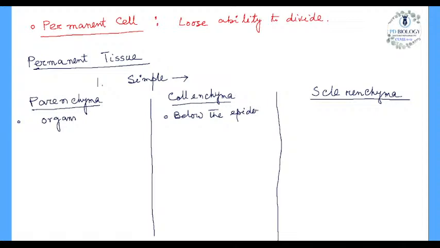Very important. Remember this one. Below the epidermis, mostly in dicots. Sclerenchyma, it consists of long, narrow cells with lignified cell walls.